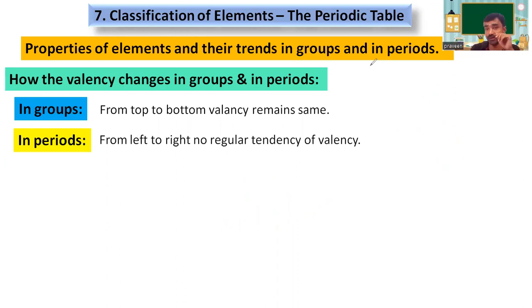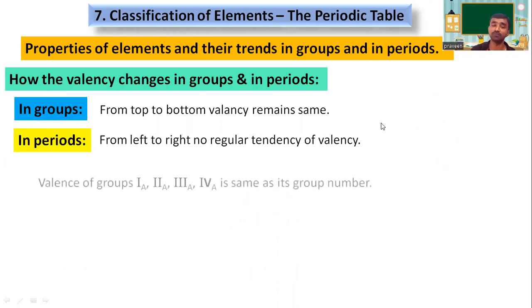Up to the third period, for a certain interval it is increasing, then decreasing. But what about the d block and f block? No regular gradation. So that's why in periods there is no regular tendency or gradation.